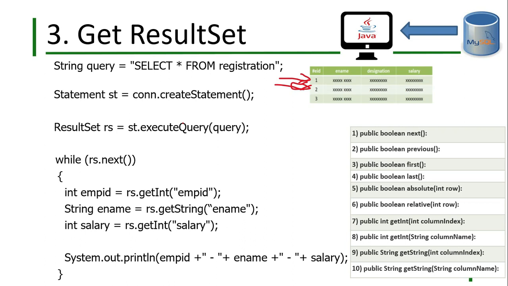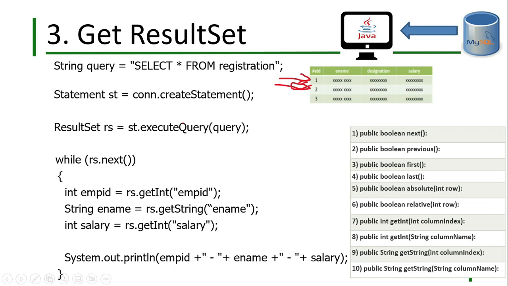Similarly, getString gets the column or field value through its column index or column name.